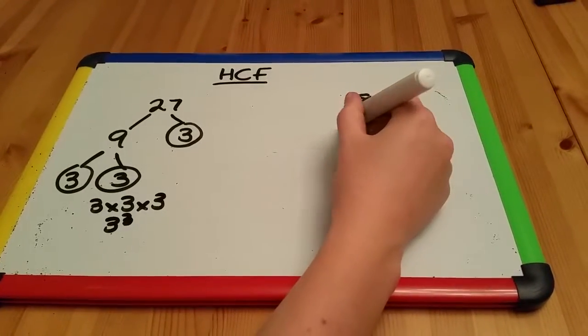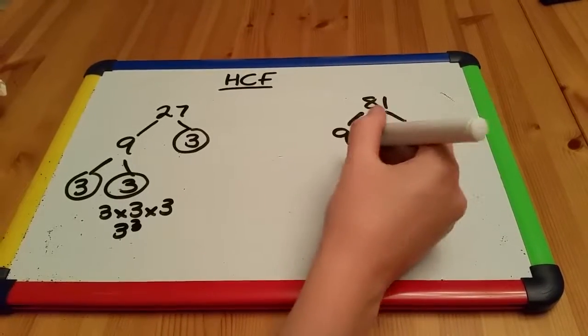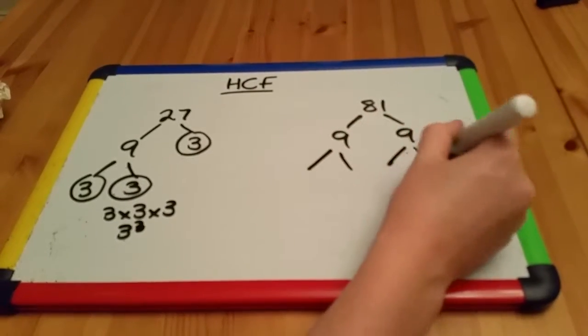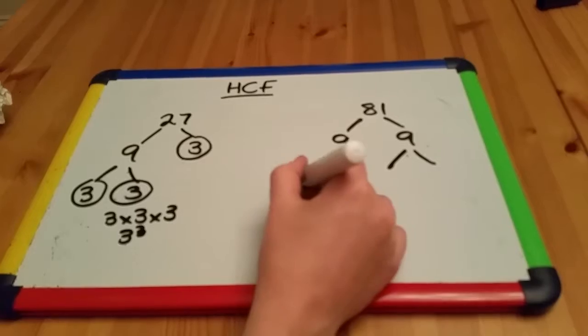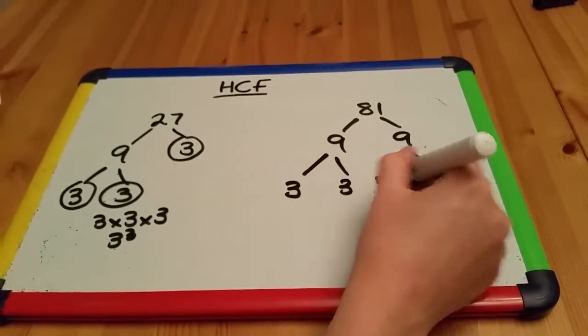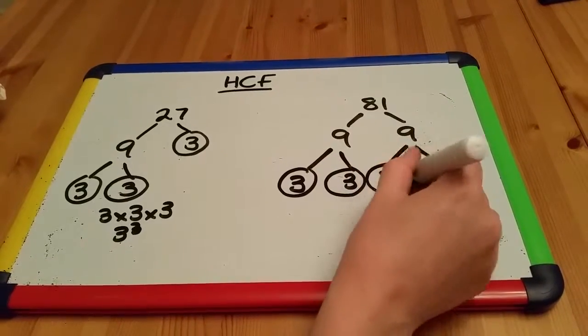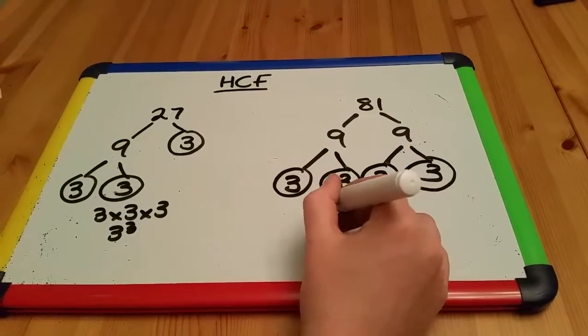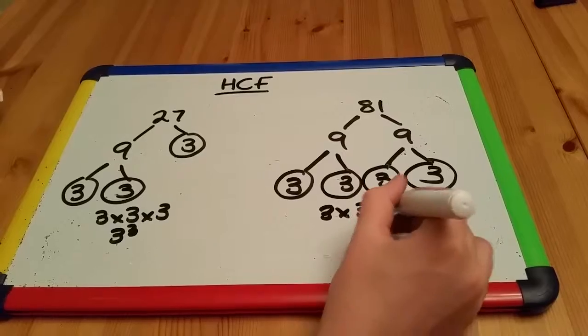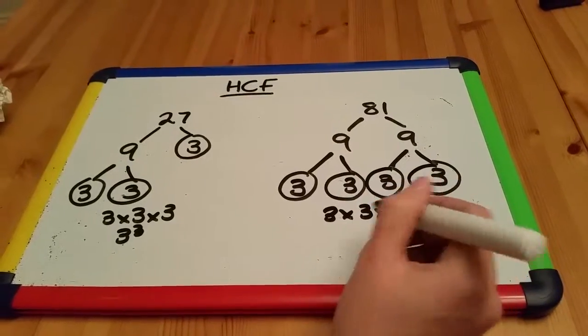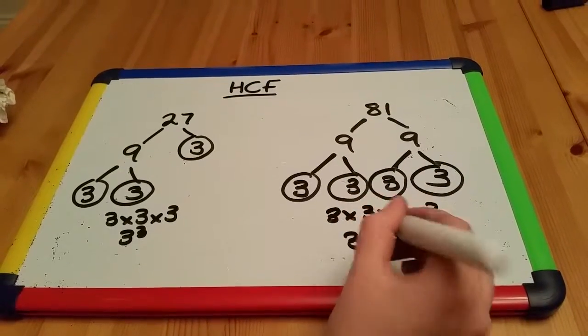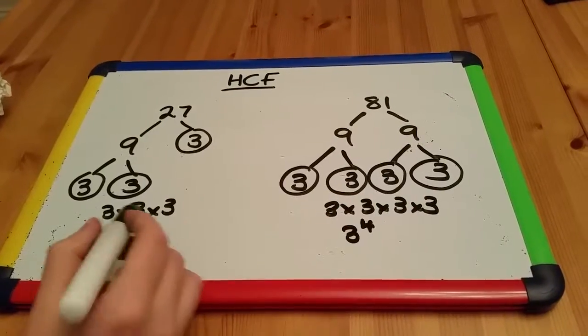81. Let's say 9 and 9. And then I'll feature these branches because neither of those are prime numbers. 3, 3, 3, 3. So 3 times 3 times 3 times 3 is 81, 3 to the power 4. So look at what's common.